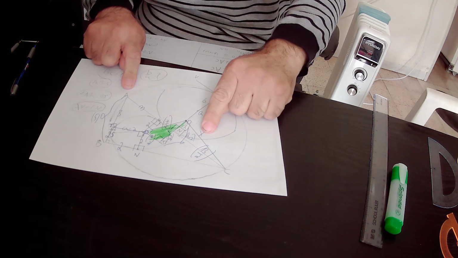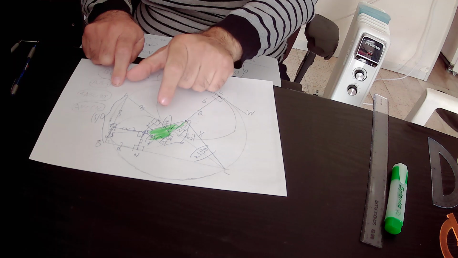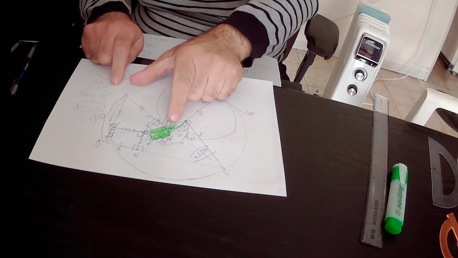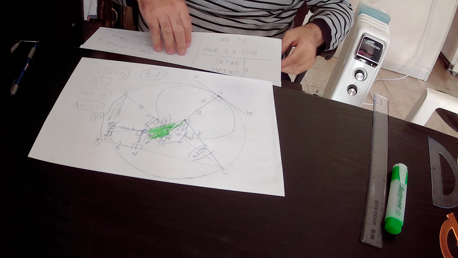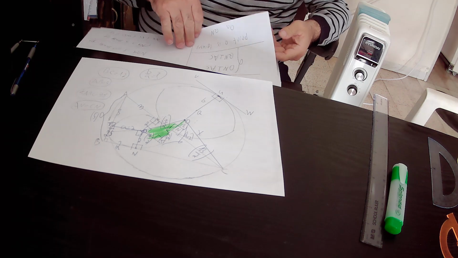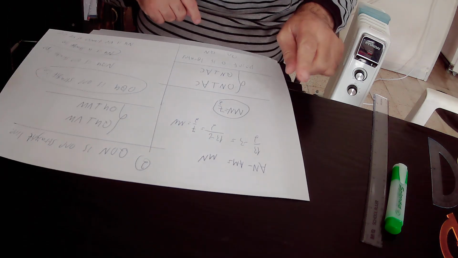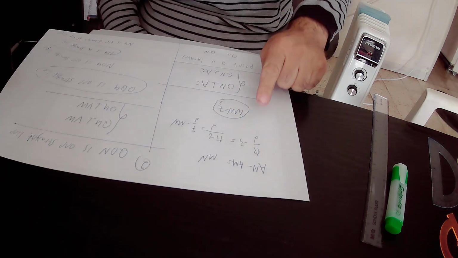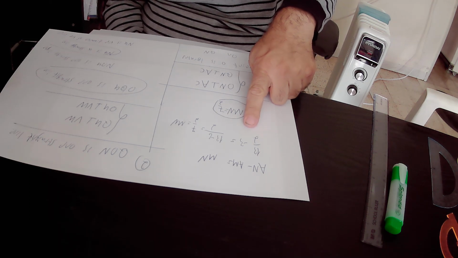We have already found out that AN is 13 over 2, AM is 3. So AN minus AM equals MN. I will repeat again. Here, AN minus AM equals MN. AN is 13 over 2, AM is 3. So this is 13 over 2 minus 3.